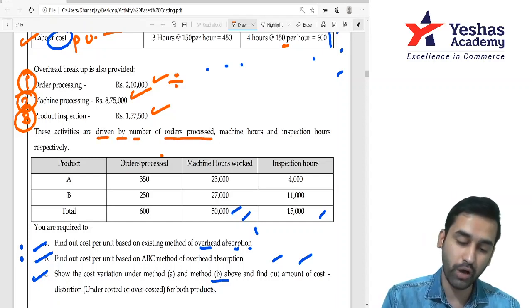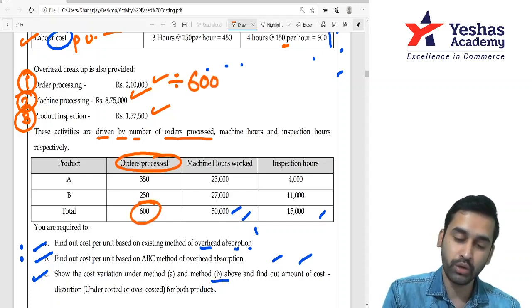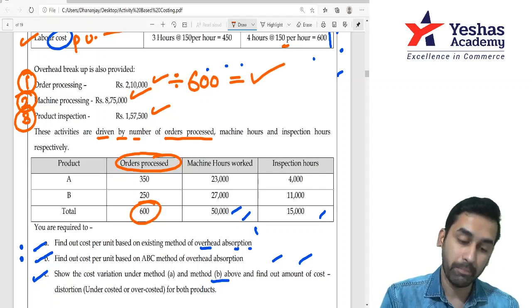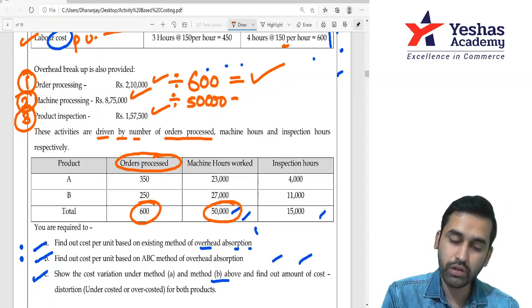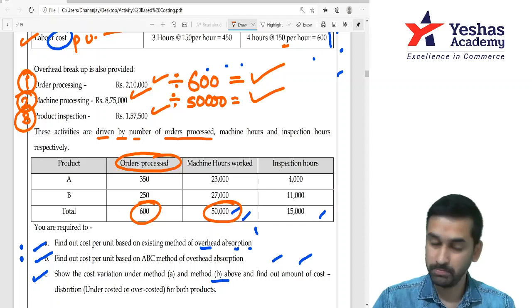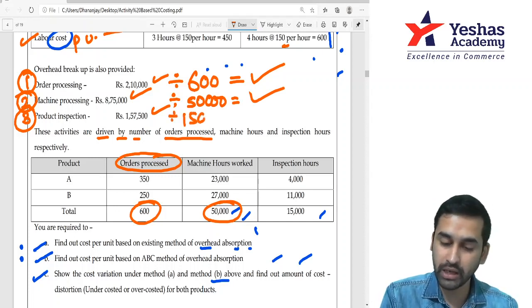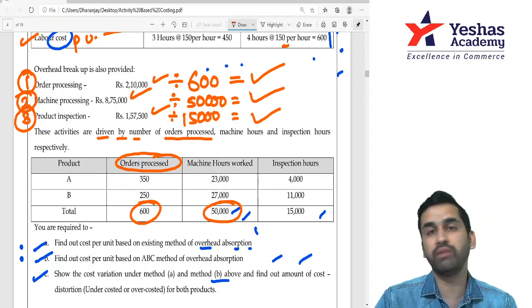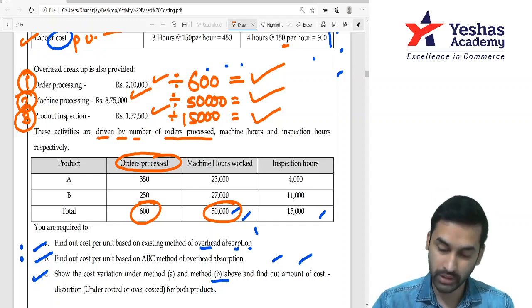Total you should take 600. So 2,10,000 by 600, you will get one number. Machine processing, you will divide by total machine hours, that is 50,000 hours. Third one, product inspection, you will divide by inspection hours, which is 15,000. This will be my working note. Are you following? Shall we do that?